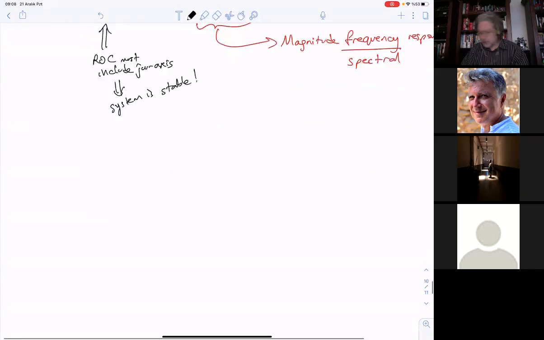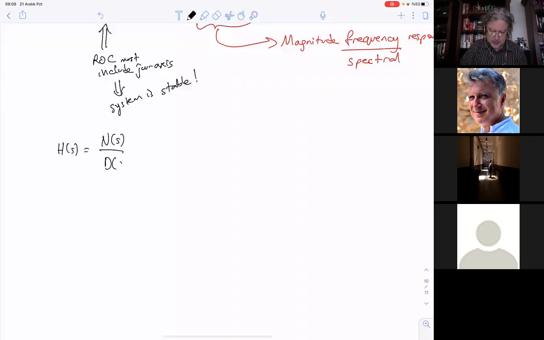And the thing that we will do is the following. Let us say that H of s is equal to a numerator of s divided by a denominator of s.